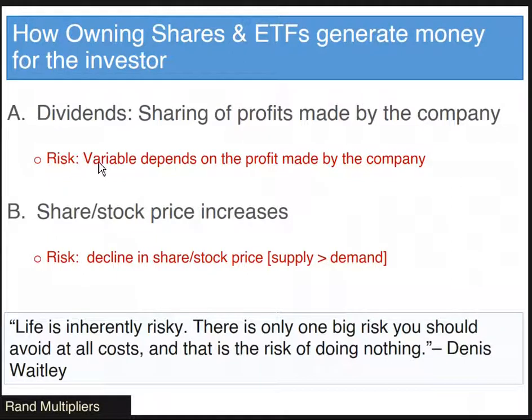The risk there is that if the company is running at a loss or is not making a profit, you will not be able to get the dividends. And with time, depending on the profitability of that company, the dividends can actually decline.